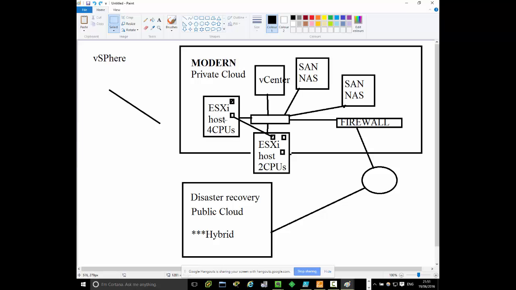You can configure a policy for storage and say, I want this virtual machine to be guaranteed this amount of IOPS or whatever, and vCenter will enforce that for you. Is that clear at all? Is that confusing? Is that confusing at all?